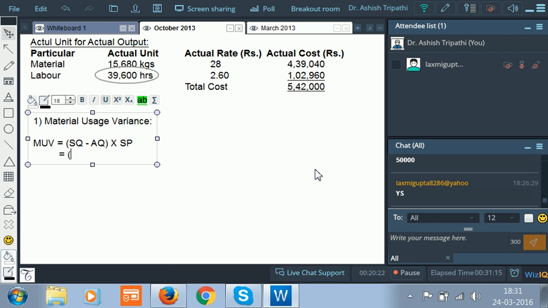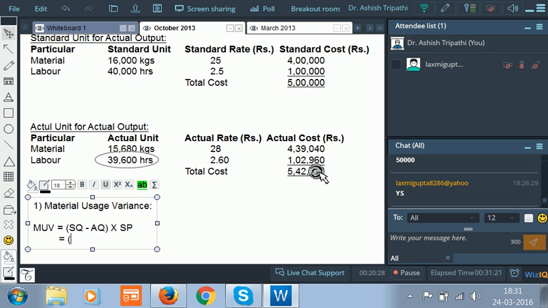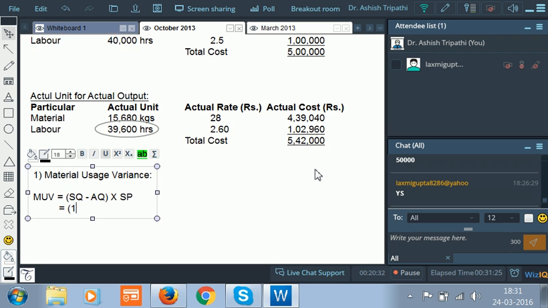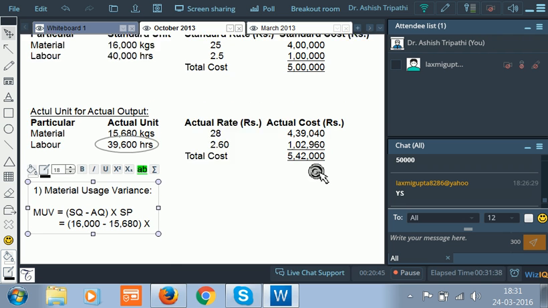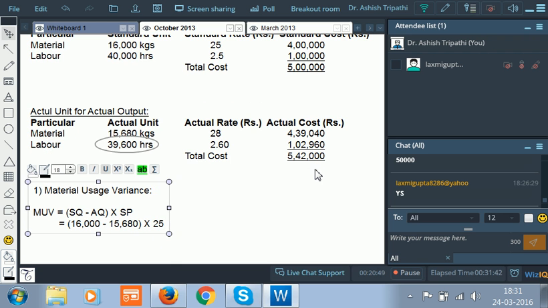So let us try to solve this. Standard quantity of material is 16,000 kg. So 16,000 minus actual quantity 15,680 into standard price. Standard price is 25.